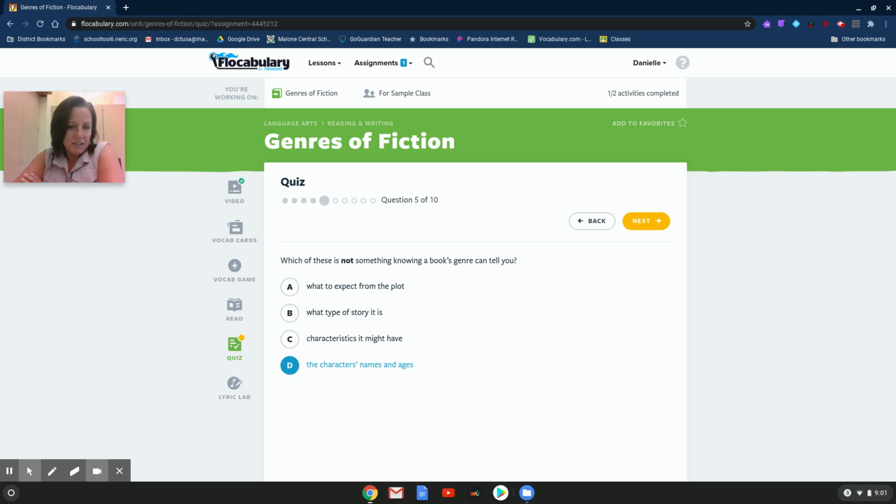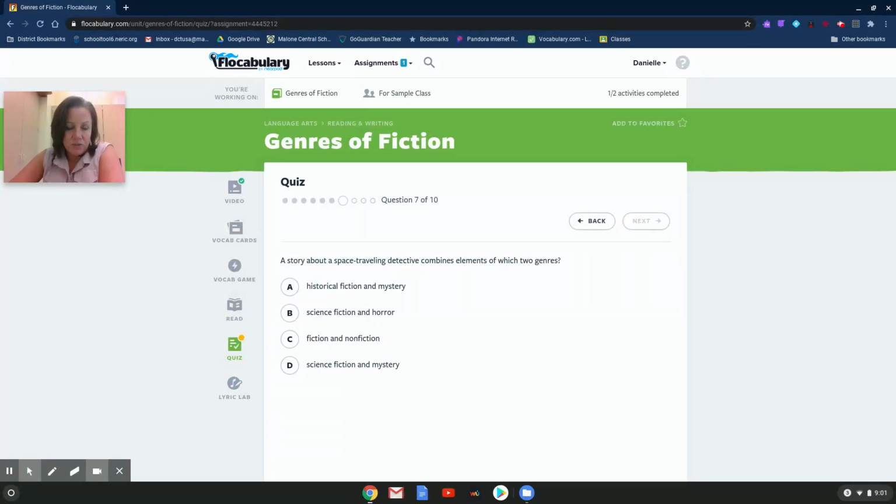I find that kind of tricky because what to expect from the plot, I don't know if that's what to expect from certain aspects of the plot, but okay, that one's a little bit tricky, but it's definitely the characters' names and ages. In fantasy, the fight between good and evil is an example of a common, that's theme, and it discussed theme within.